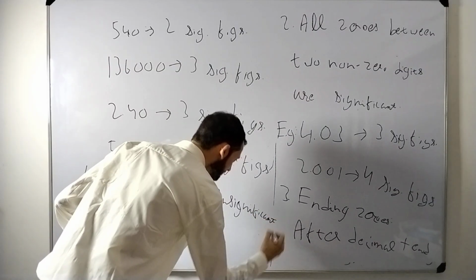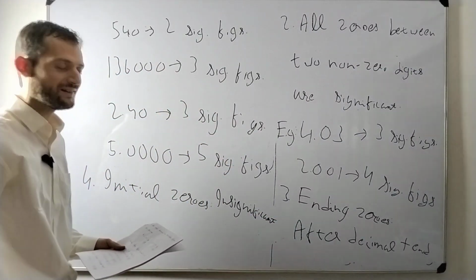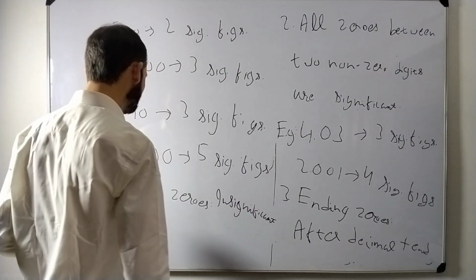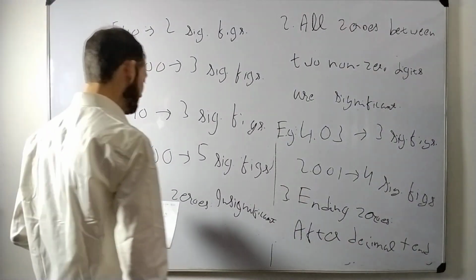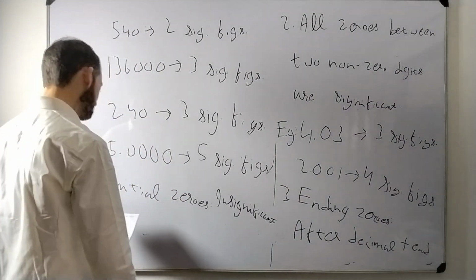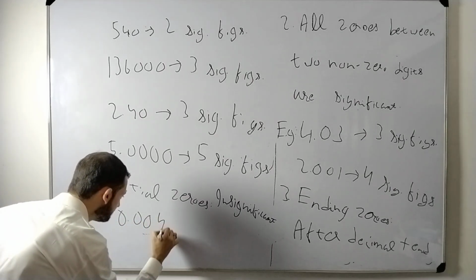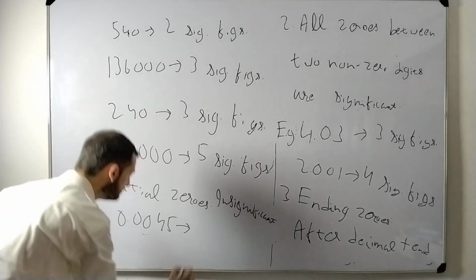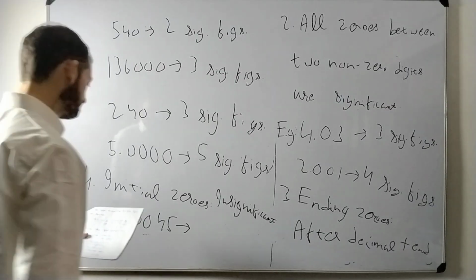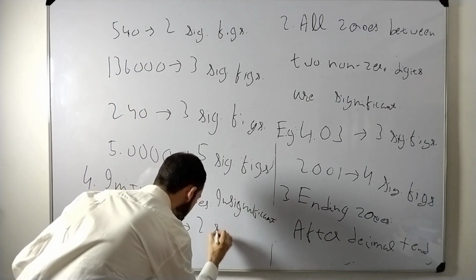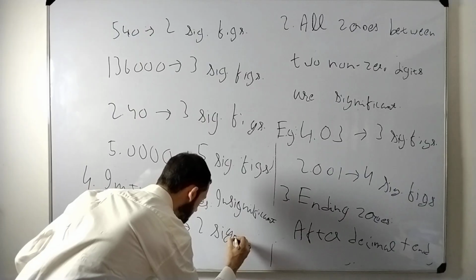Would you say how initial zeros are becoming insignificant? So you have a number 0.045. Okay. What are the significant figures here, students?